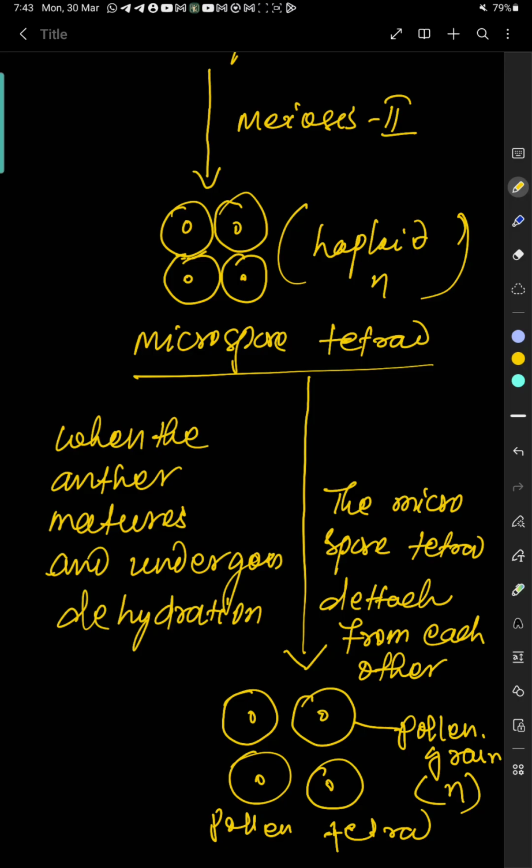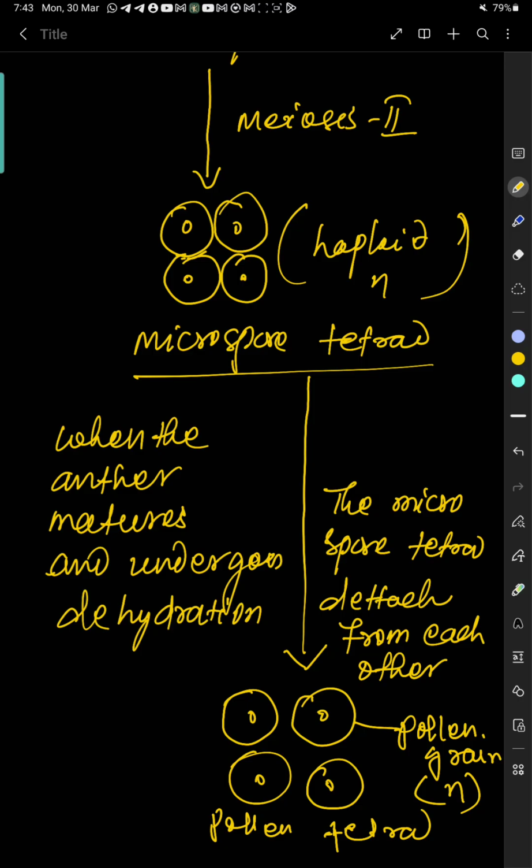Remember here, each cell is a microspore mother cell, and each microspore mother cell divides to form 4 microspores, which further develop into 4 pollen grains.